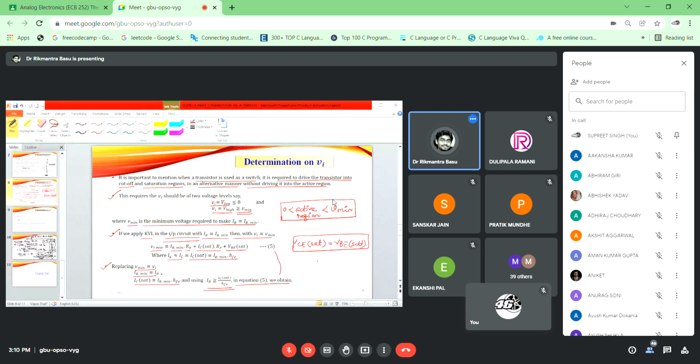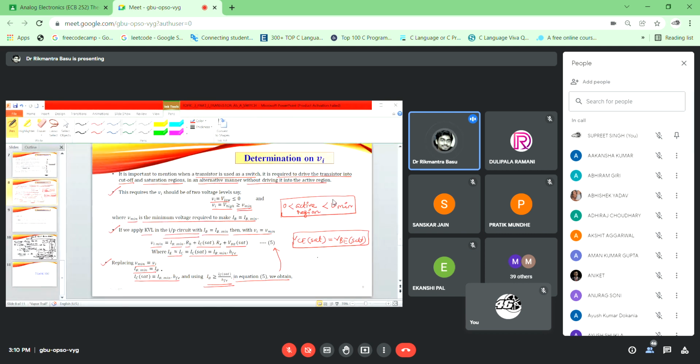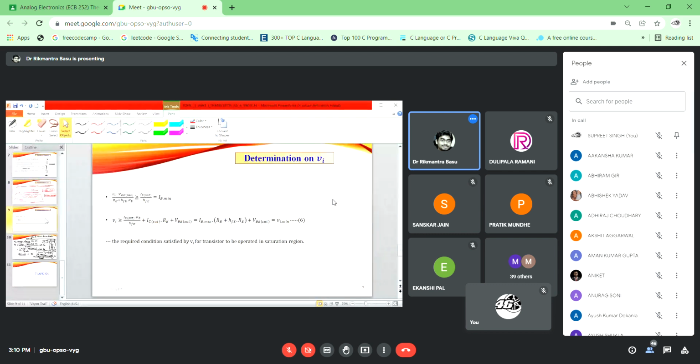In equation 5, we can obtain the determination of the VI. If we solve it in a similar manner, (VI minus VBE sat) by (RB plus HFE into RE) is greater than or equal to IC sat by HFE, that is equal to IB minimum.